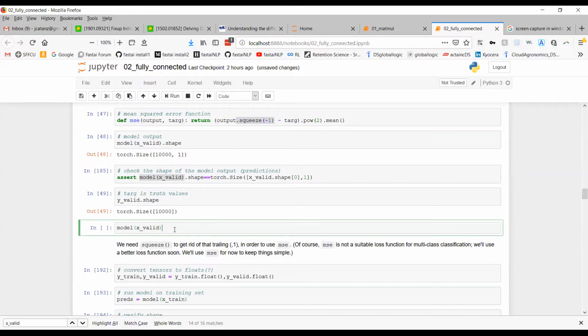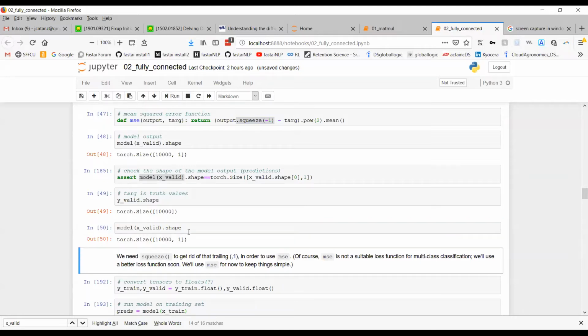Okay, we already know that this has a shape with a trailing 1, right? Now let's squeeze that last one out and check that the shape is what we expect it to be.